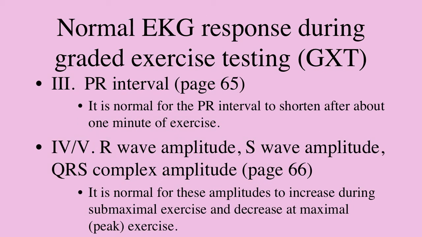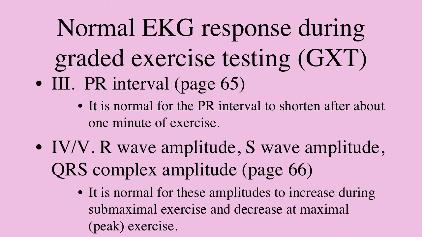The next one is the PR interval, and this is also on page 65. The PR interval is something that should shorten with exercise, and it's normal for it to shorten, and it usually does not shorten right away.